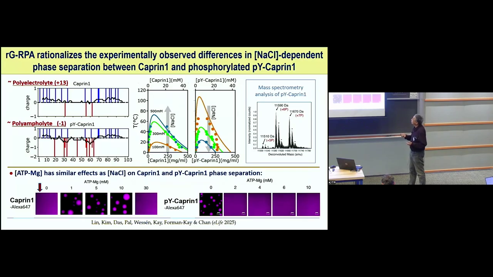Caprin-1 phase separation propensity increases with sodium chloride, whereas pY-Caprin-1 decreases with sodium chloride. This is captured by theory. And ATP has a different effect on Caprin-1 and pY-Caprin-1. It has a reentrance behavior for Caprin-1, but if you add ATP to pY-Caprin-1, it will just monotonically decrease the phase separation propensity.